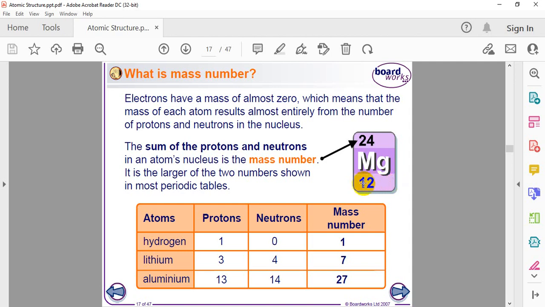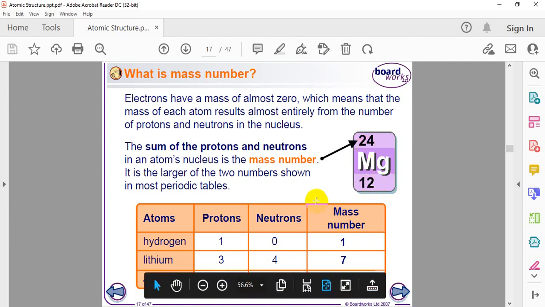So if you have 12 protons here, you will definitely have 12 electrons. But the sum of the protons and neutrons in an atom constitutes the mass number. So this means that 12 protons exist in magnesium and 12 neutrons also exist. So 12 plus 12 gives us 24.